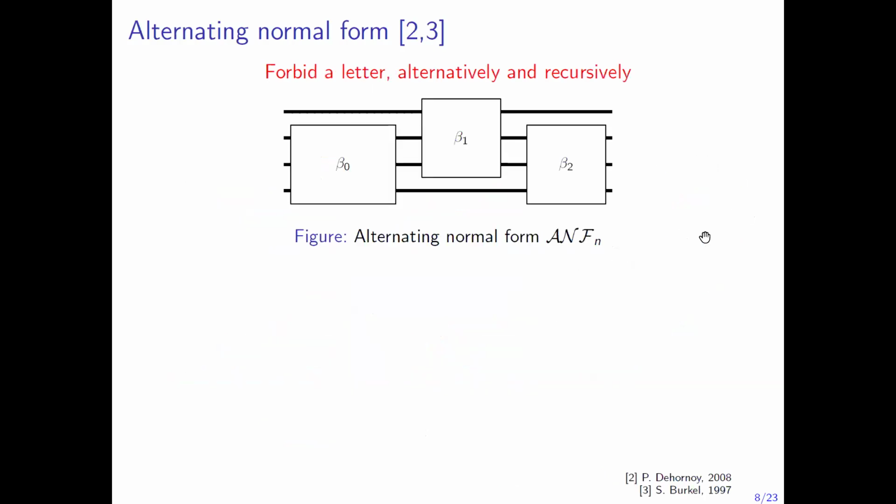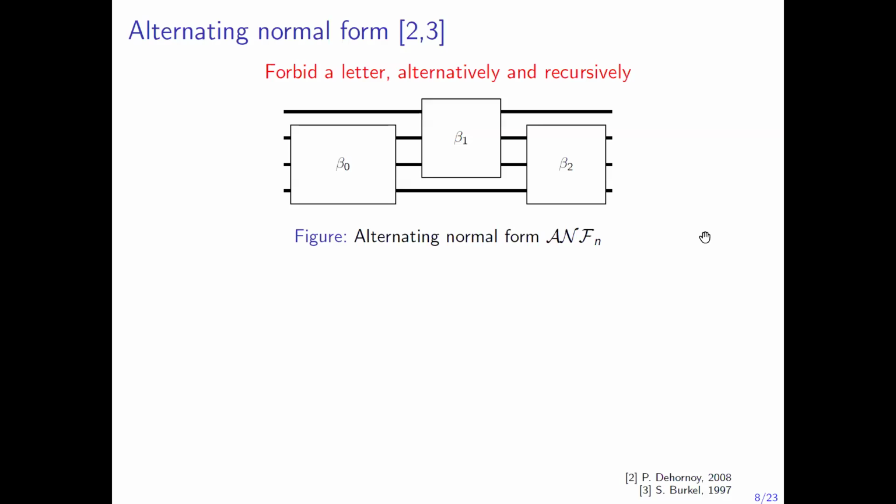So I'm studying another normal form, which is the alternating normal form, which is linked to a lot of things in braid theory. The idea here is to consider the largest prefix of beta, the largest left divisor that doesn't use a specific strand, here the top one. So this is all we can do without using sigma n minus 1. After doing that, we're left with probably something else.